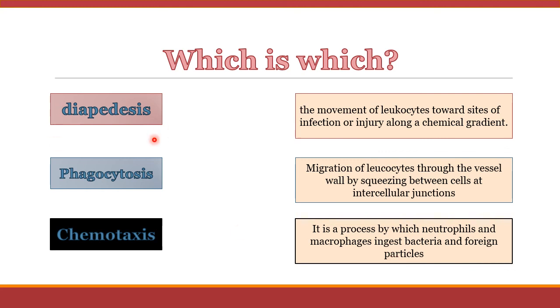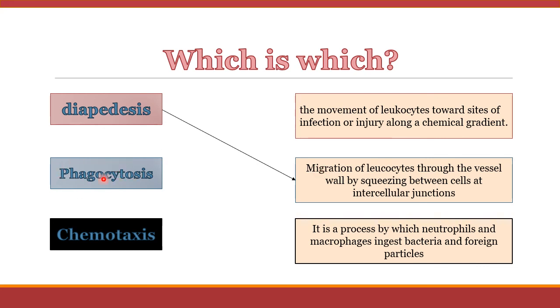So let's start with diapedesis. Which one is a good definition of diapedesis? Yes, it is the migration of leukocytes between the endothelial cells through the gaps by squeezing themselves. The next term is phagocytosis.